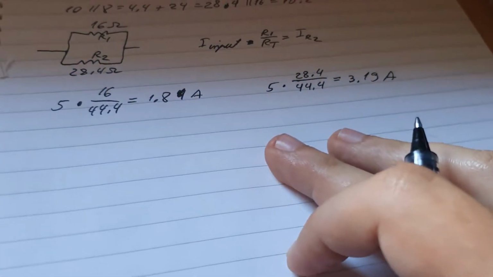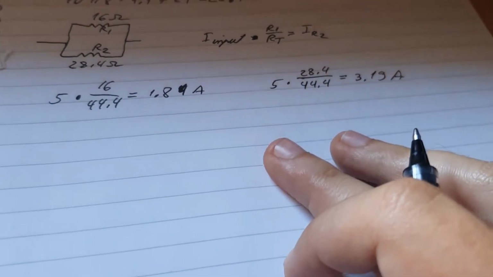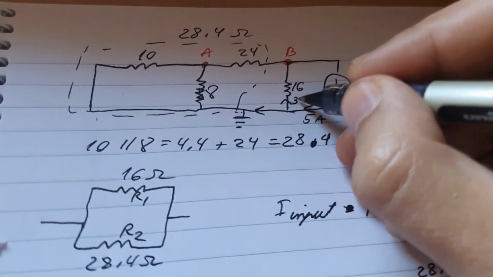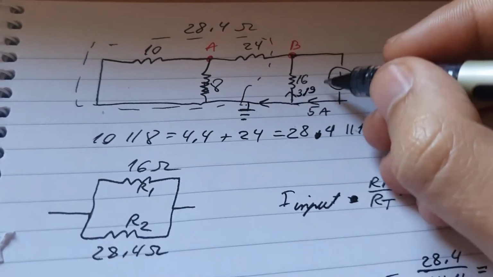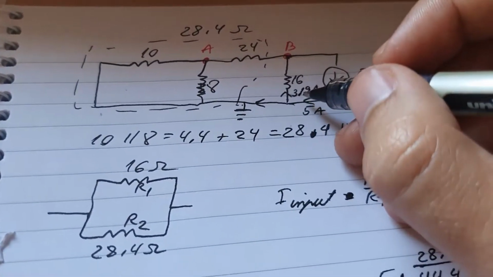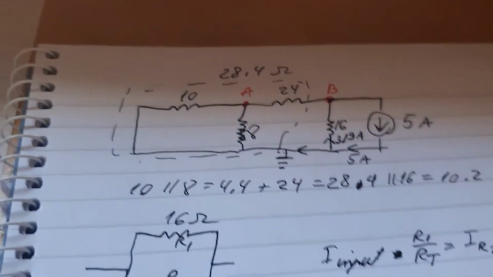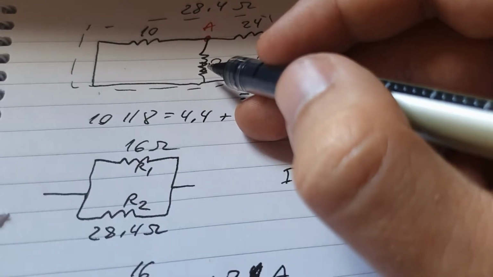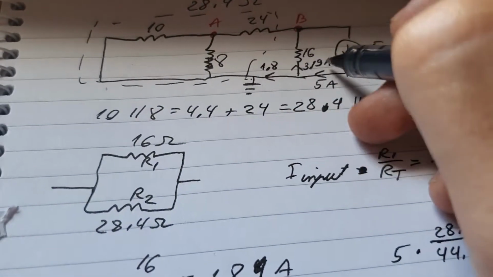Now let's calculate the rest of it. So we know this one is 3.19 amps, which will be I2 basically, and this one is going 1.8, because this is the higher resistance in total compared to this one. Most of the less current will go in this direction.